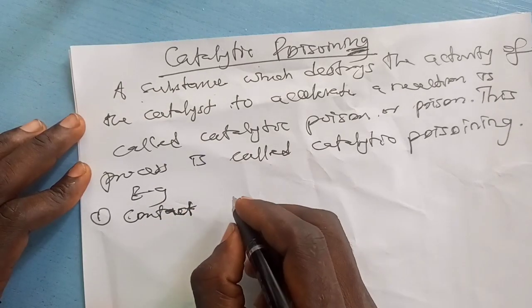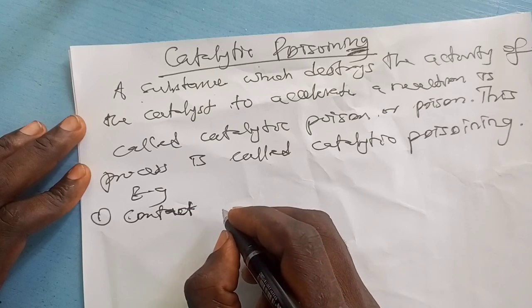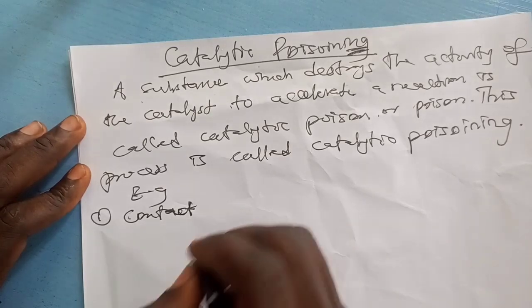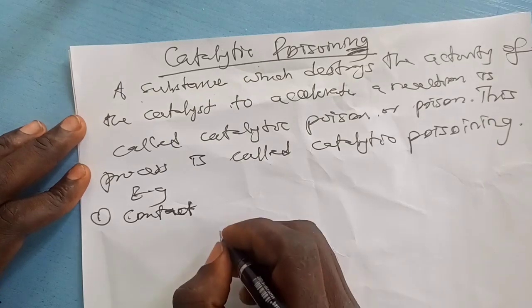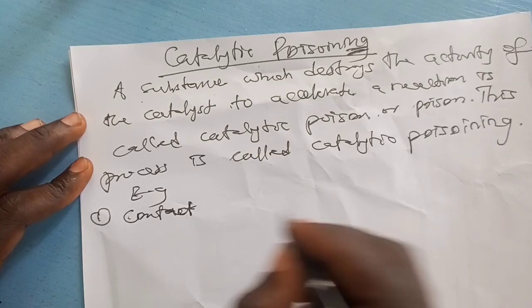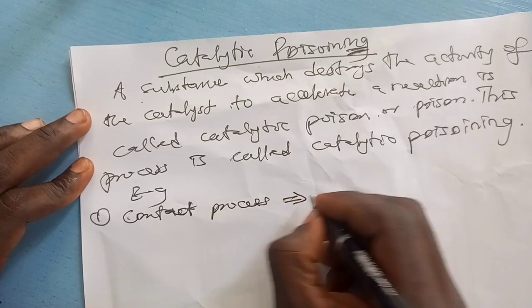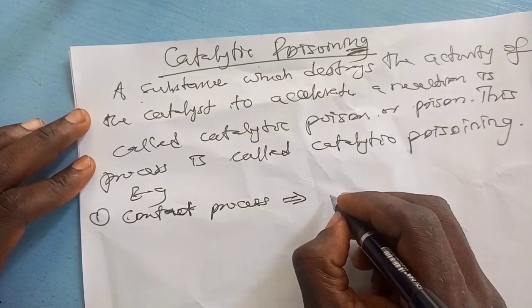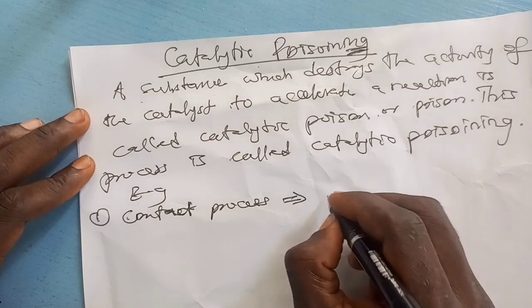You will see details about the contact process, but details are already in my first video called Catalysis. The contact process involves the oxidation of sulfur(IV) oxide in the production of sulfuric acid.